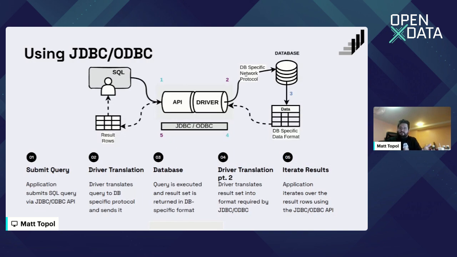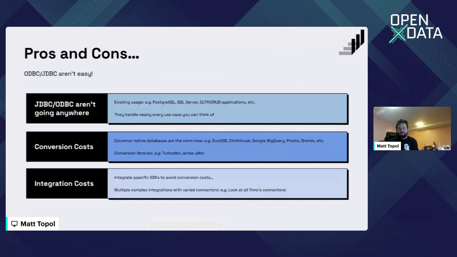You have loaded a driver of some kind, and that driver implements the database-specific network protocol, sends the query to the database, retrieves the results, converts that data into the format for ODBC and JDBC, and finally returns those results through the ODBC and JDBC API. One drawback there is that if your database and your system are column-oriented, you're now forcing it to do a whole conversion, transposing rows to columns and columns to rows, just to pass your data through.